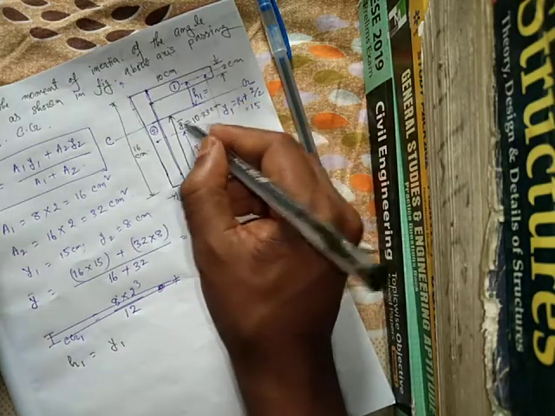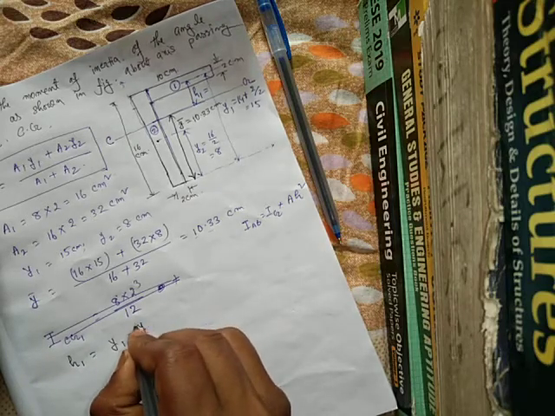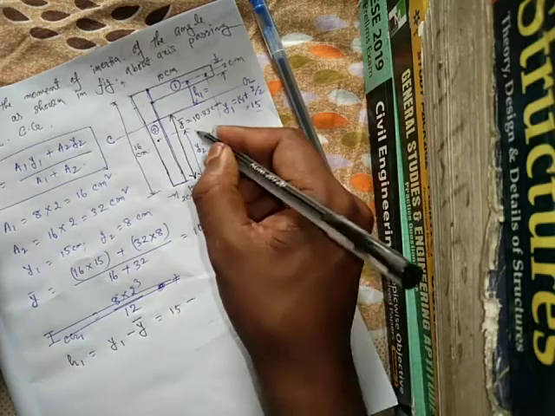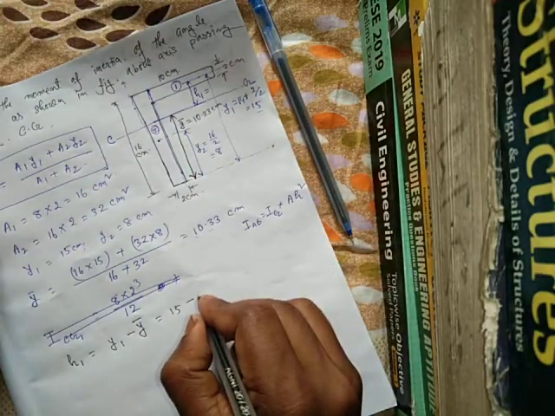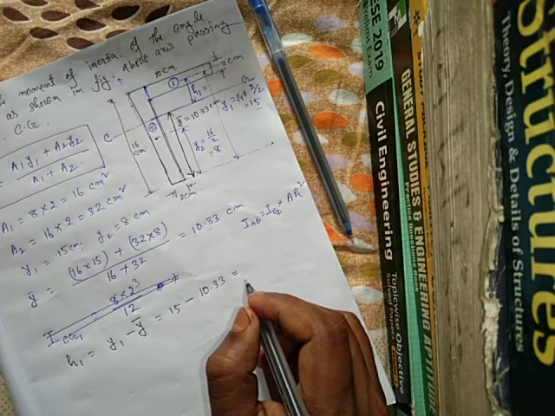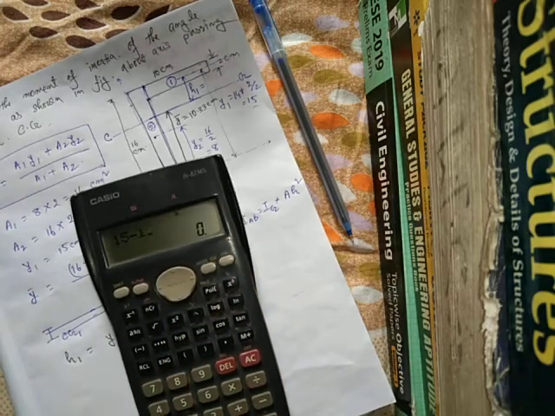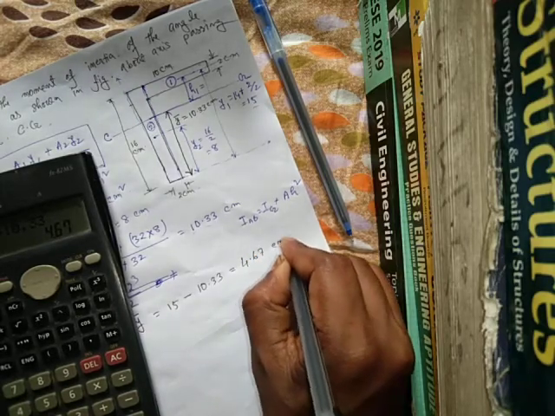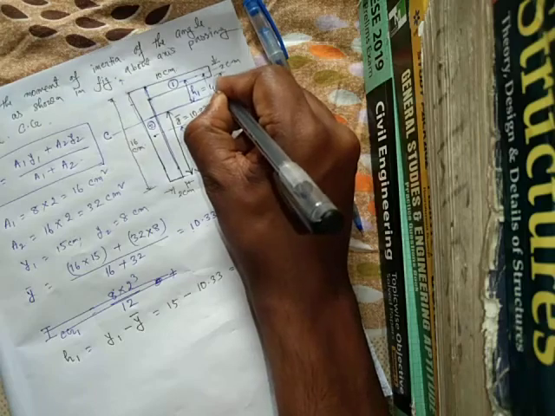If I subtract y bar from y1, we get H1. Here y1 equals 15, and y bar, the CG of the whole section from the base, equals 10.33. So H1 equals 15 minus 10.33, which equals 4.67 centimeter.